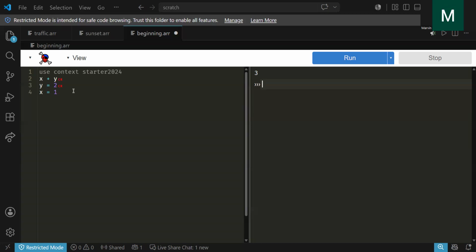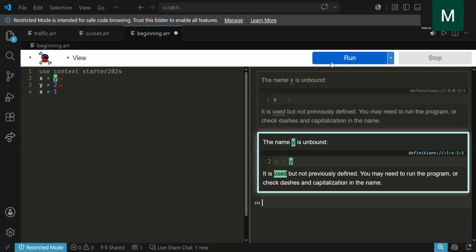Okay. Now, before we run this, what do you think is going to happen? I think it should work. If this is the easiest thing to learn, I think it should work in this program. Okay, let's run it. Oh no, it didn't work.